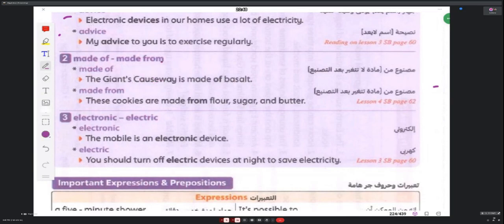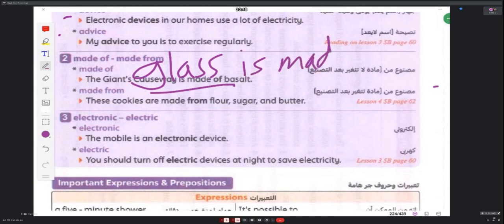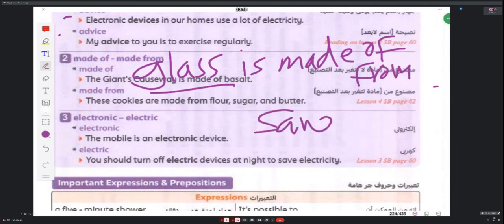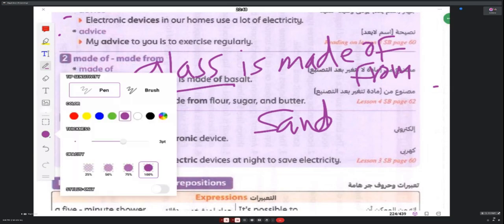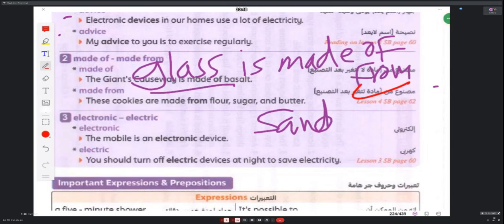Glass, which is the material of glass. Glass is made of or from sand. From, because sand has been changed into a new product, glass.